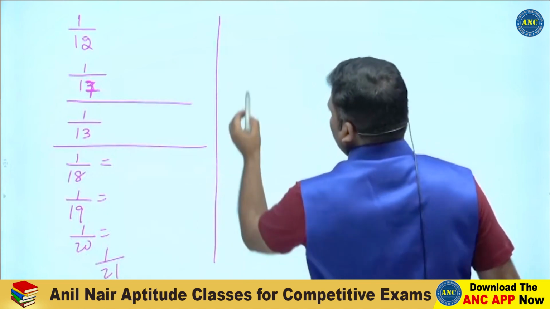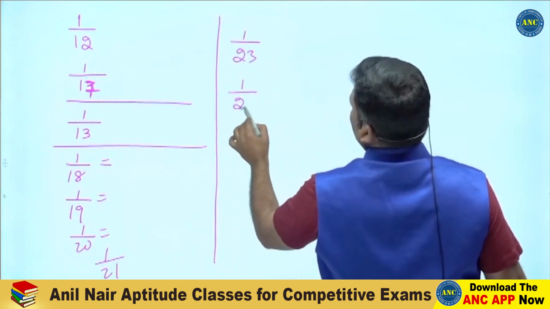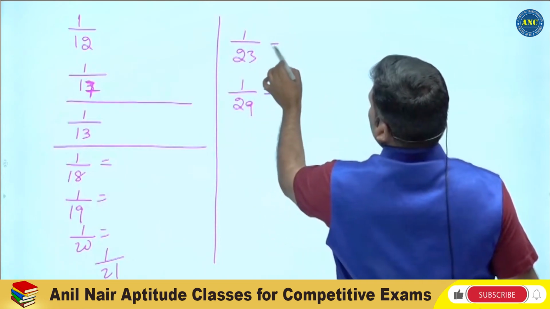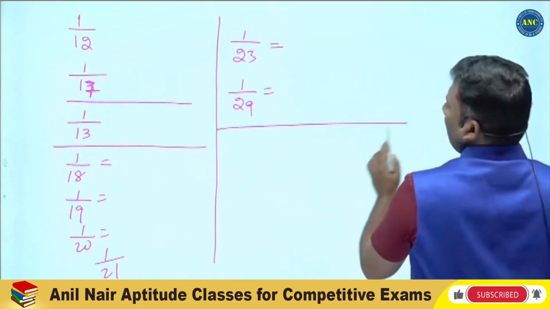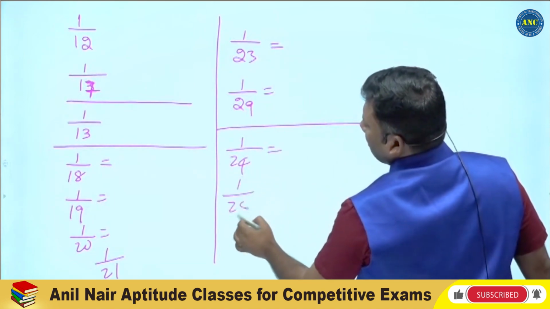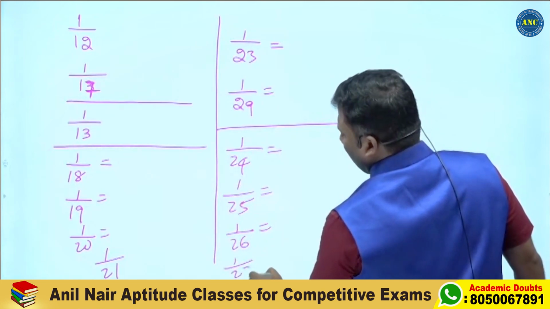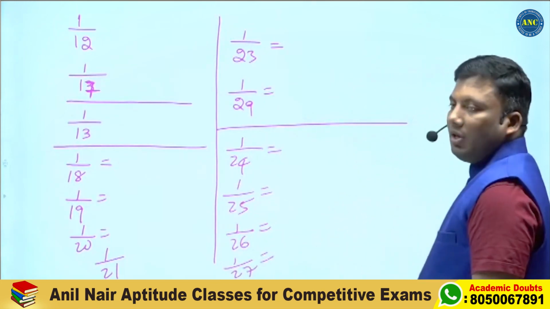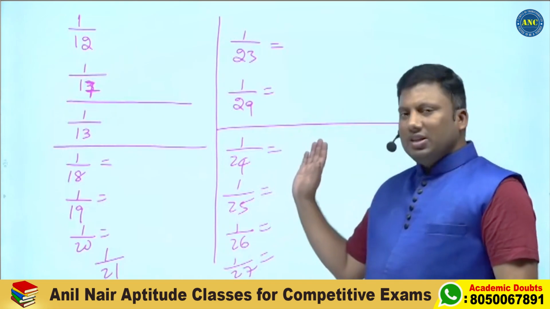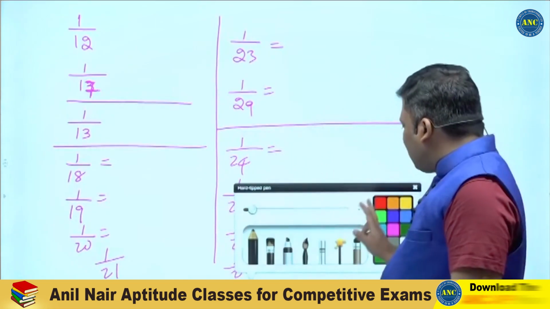What are the prime numbers between 20 and 30? 1 by 23 and 1 by 29. 1 by 24, 1 by 25, 1 by 26 and 1 by 27. These are the high frequency percentages which you will get.